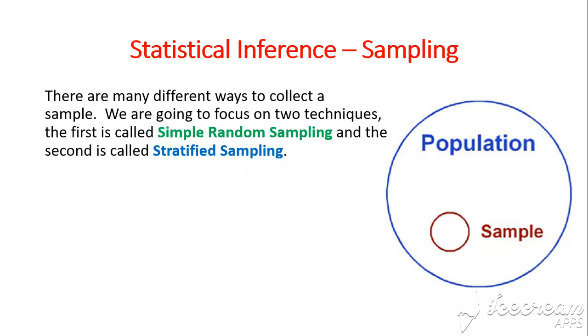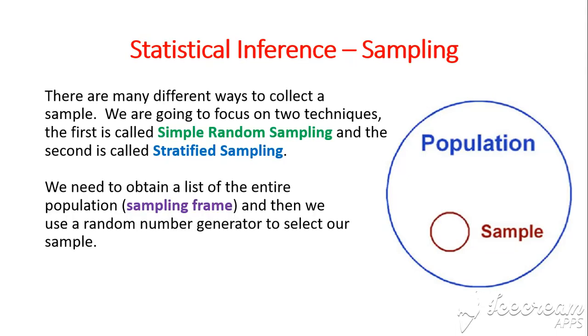There are many different ways to collect a sample, many ways. We're going to just focus on 2 techniques. The first is called simple random sampling, and the second is called stratified sampling. These are coming up in our next few videos. For both of them, we need to obtain a list of the entire population called the sampling frame. Then we need to use a random number generator to select our sample.